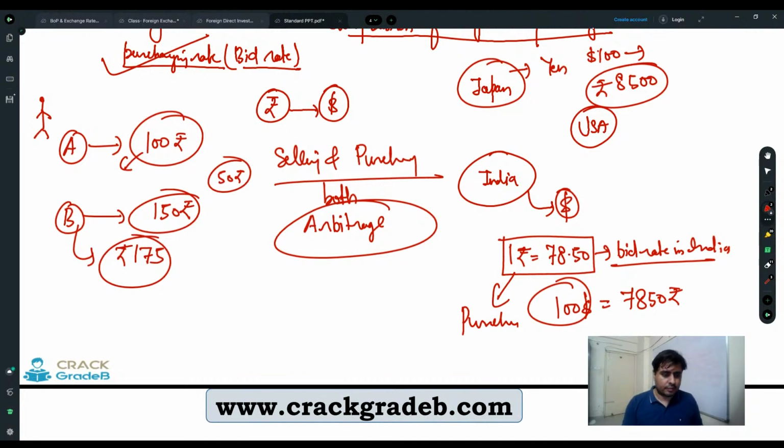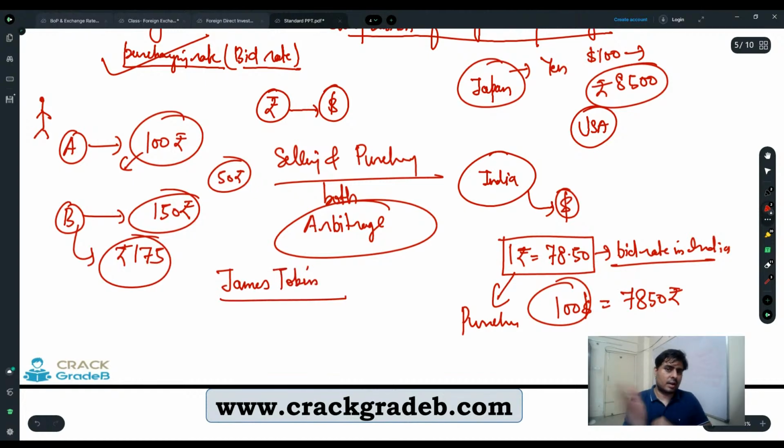So one of the great economists, James Tobin, said that all this foreign currency exchange market must be taxed. Whatever profit you are going to make through arbitrage must be taxed. If it is taxed, then the unnecessary profit you are making can be avoided, in order to check the exchange rate related volatility.